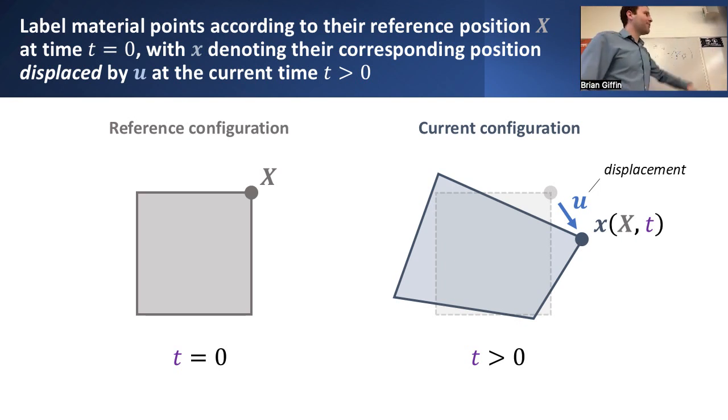And the way that I'll go about defining these different descriptors of motion is by supposing that there exists some reference configuration of this block of material existing at some reference time, which I'll just call t equals 0. I can consider all the different points that exist in this cube of material, and I can give them names.